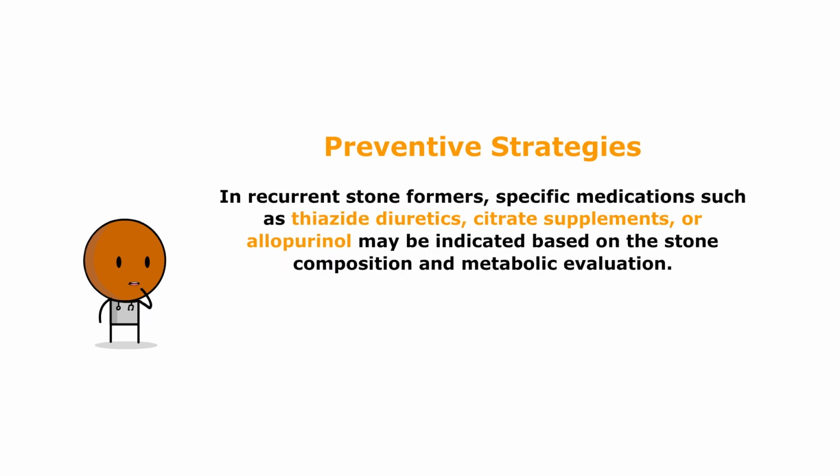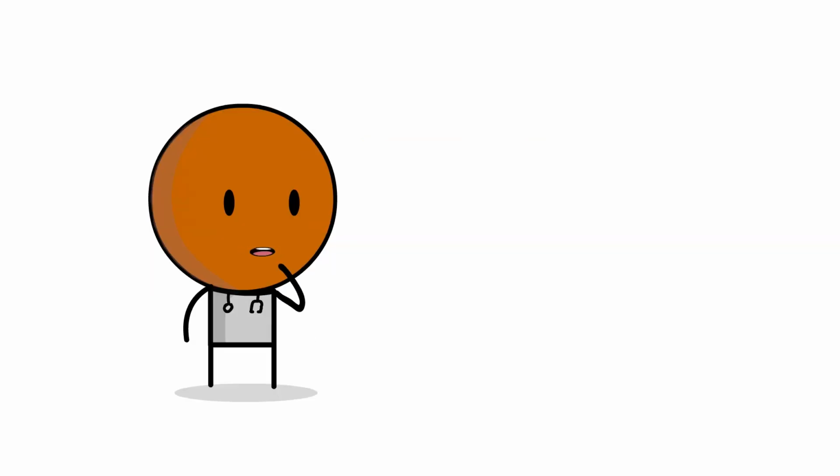In patients who recurrently have stone formation, specific medications such as thiazide diuretics, citrate supplements, or allopurinol may be indicated based on stone composition and metabolic evaluation. Nephrolithiasis is a condition with significant implications for patient well-being and healthcare resources. Timely diagnosis and appropriate management are critical in providing relief and preventing recurrence.